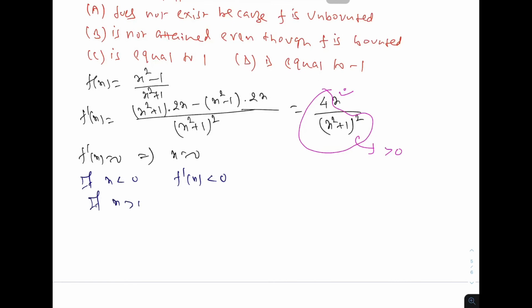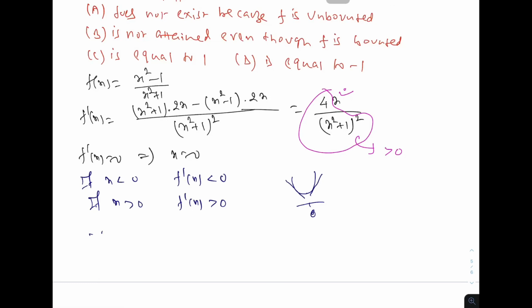If x is greater than 0, f dash x is positive. That means the sign of f dash x changes from negative to positive at 0, in the neighborhood of 0. That means we are getting minimum value at x equal to 0.